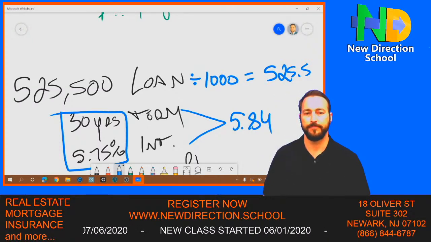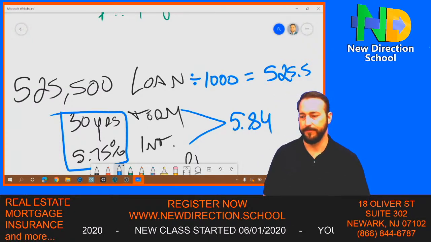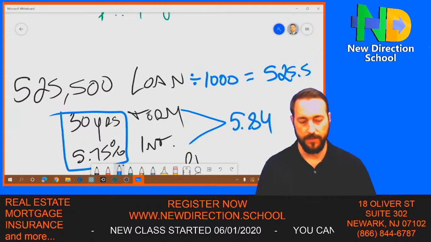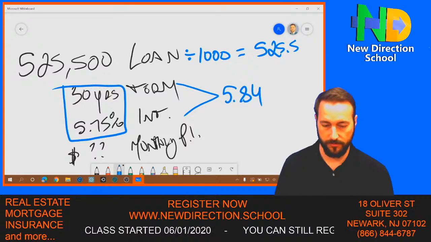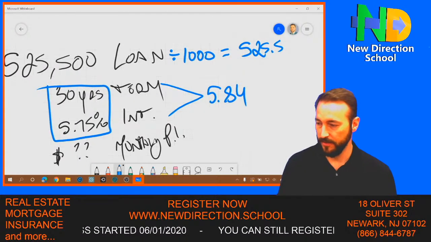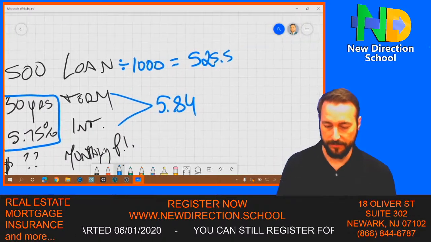We good so far? Okay. Going slow to make sure it matches what you guys are doing. So 525.5 and 5.84 is the number we needed.